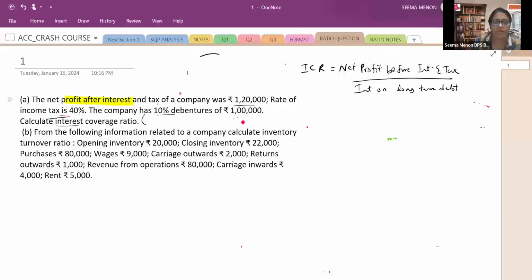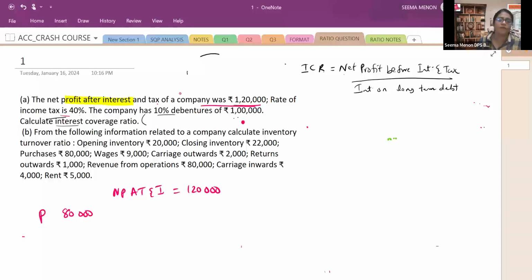Here it is given that after interest and after tax, the company is having 1,20,000 profit. So like yesterday, I taught you that this is net profit after tax and interest. Always, from the profit first we subtract interest. Suppose our profit is 80,000.